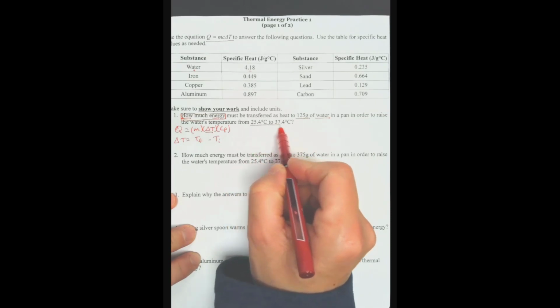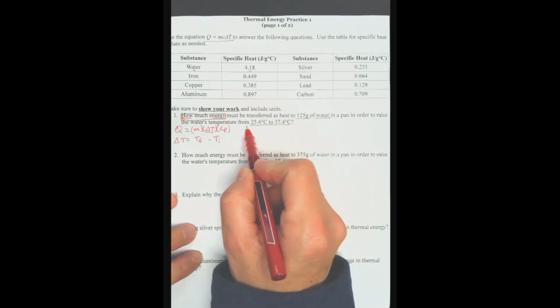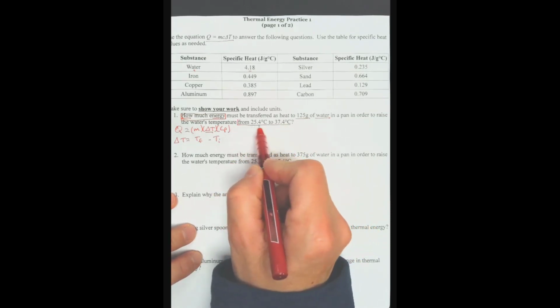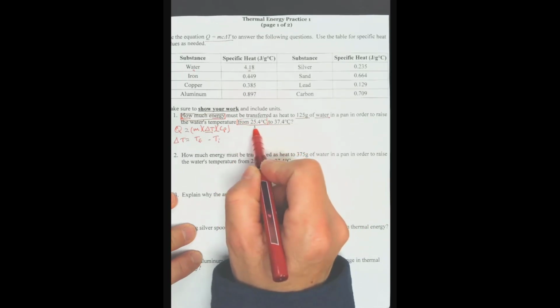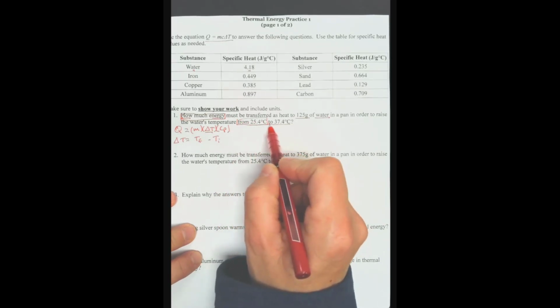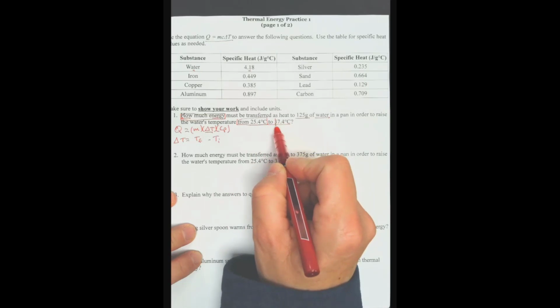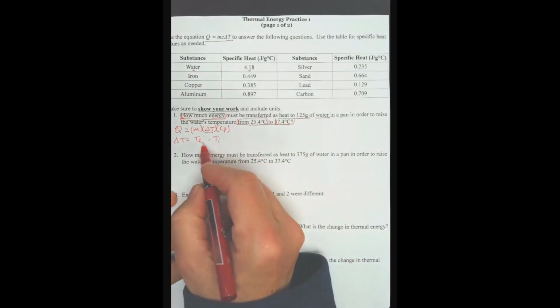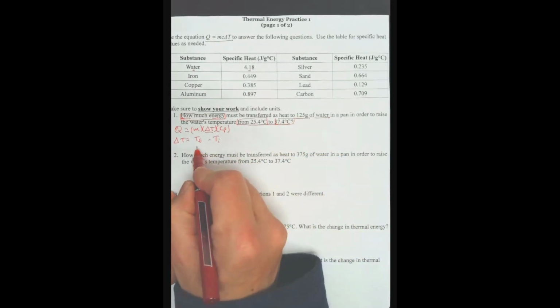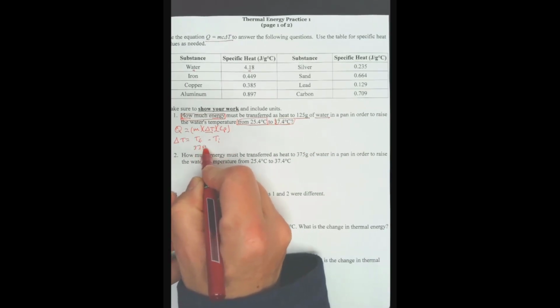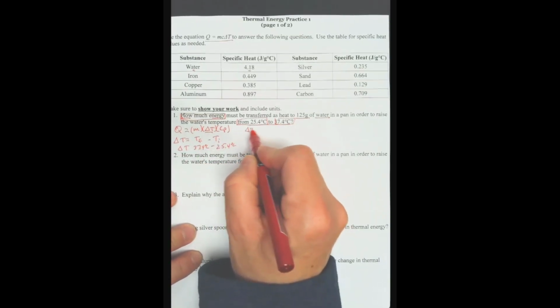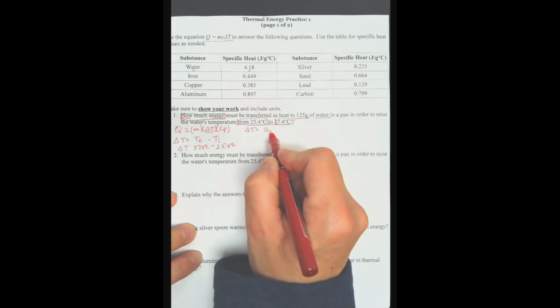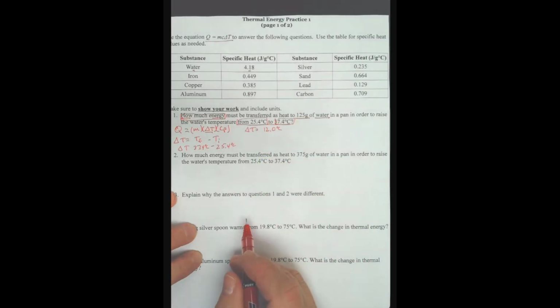If I underline that, I know that my temperature started from 25.4 degrees Celsius, and it ended at 37.4 degrees Celsius. So my TF is going to be 37.4 degrees Celsius minus my TI, which is 25.4 degrees Celsius. So my change in temperature, if I do the math, equals 12.0 degrees Celsius.